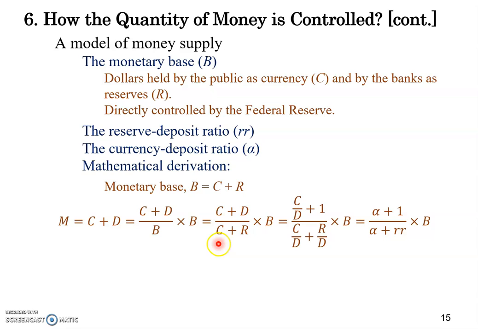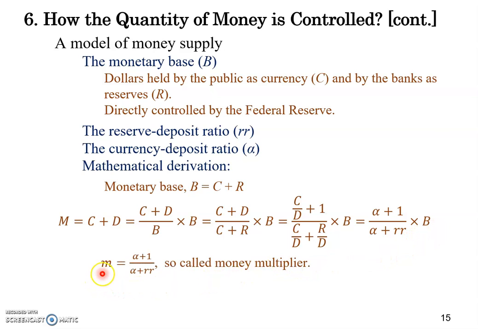In the denominator, it's C over D plus R over D. Let me remind you one more time: C over D means the currency to deposit ratio, so that is alpha. Plus 1 over alpha plus the reserve deposit ratio, that's RR. So multiplied by the monetary base.